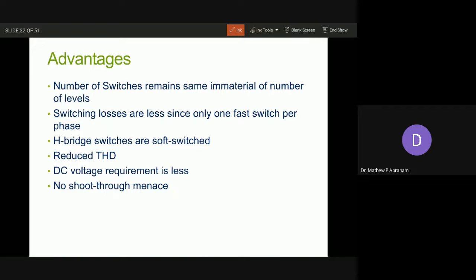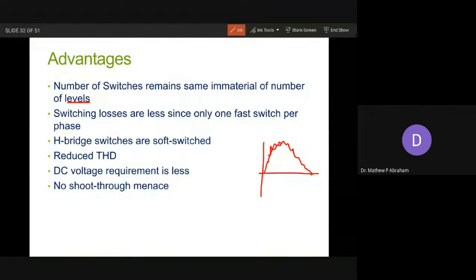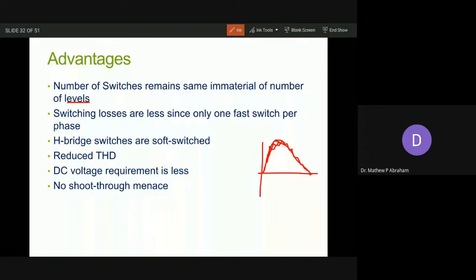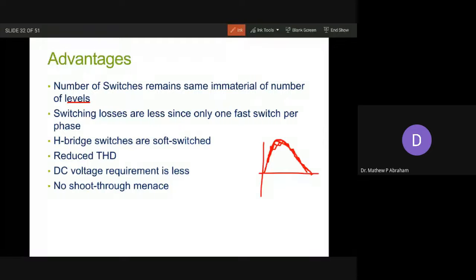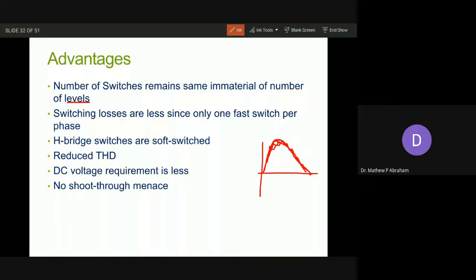This cannot be called a level, but we call it a discontinuity, right? It depends upon the switching frequency. If the switching frequency is slightly less, we will get a wave shape like this, right? But this can be increased. Discontinuities can be smoothened by increasing the switching frequency alone. So whatever may be the number of levels of the voltage, we do it with the same number of switches.